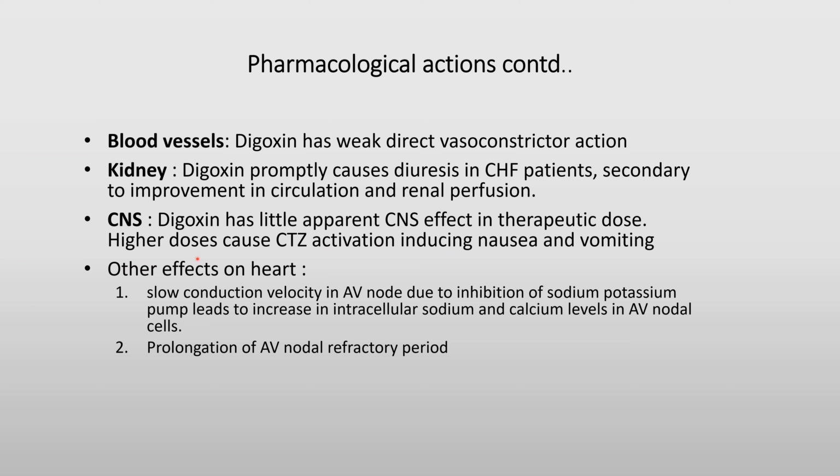Higher doses cause chemoreceptor trigger zone activation, inducing nausea and vomiting. Other effects on the heart: slow conduction velocity in the AV node. It is due to inhibition of the sodium-potassium pump, which leads to increase in intracellular sodium and calcium levels in nodal cells. It also prolongs the AV nodal refractory period.